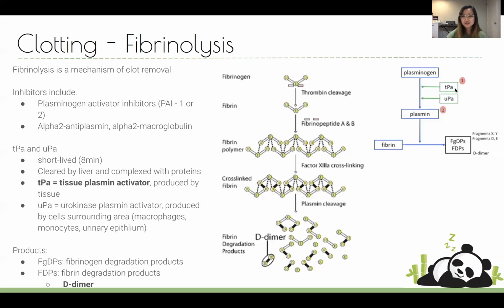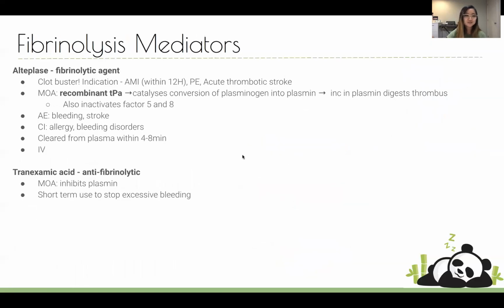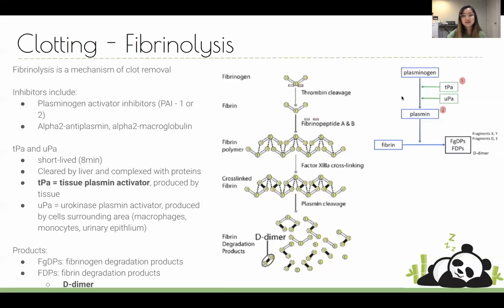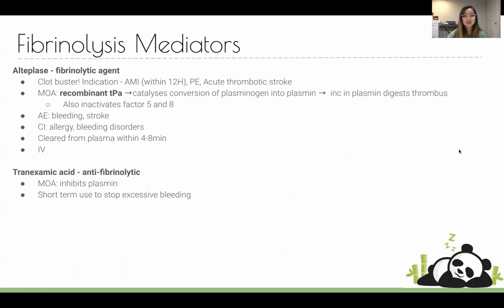It creates more plasmin, which will then degrade the fibrin into your degradation products. And then tranexamic acid is an antifibrinolytic, and that inhibits plasmin. And because it inhibits plasmin, that means you can't have this happen. And so you can use that short term to stop excessive bleeding, but it's not used very often, I don't think.